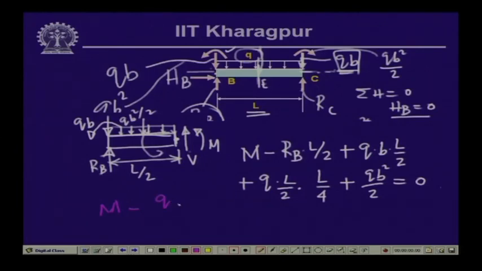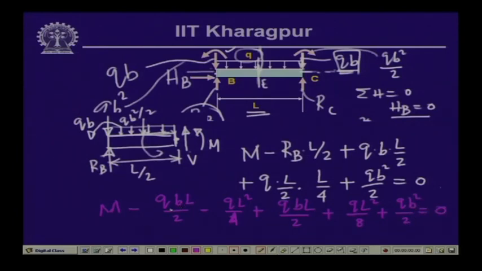So, minus Q b L by 2 minus Q L square by 4, plus Q L square by 4... plus Q b L by 2 plus Q L square by 8 plus Q b square by 2, this is equal to 0.